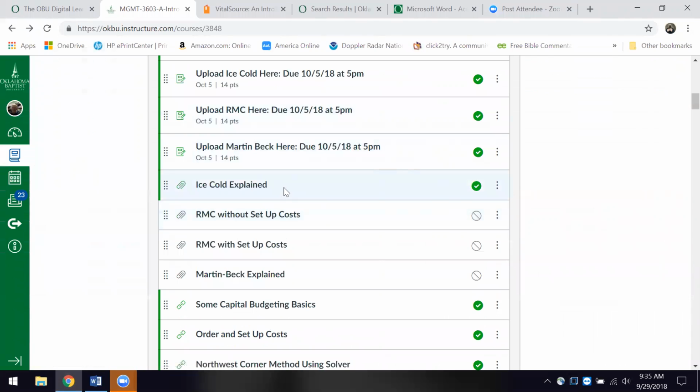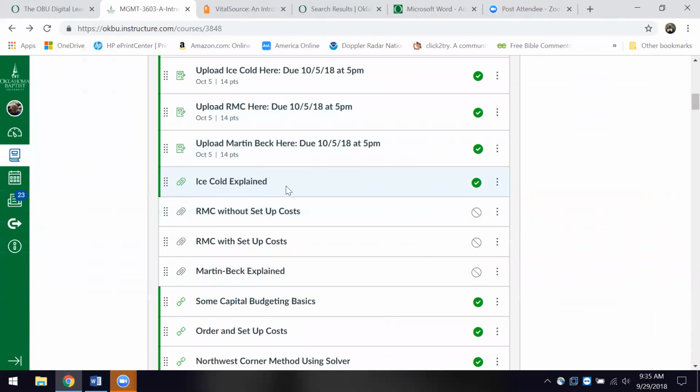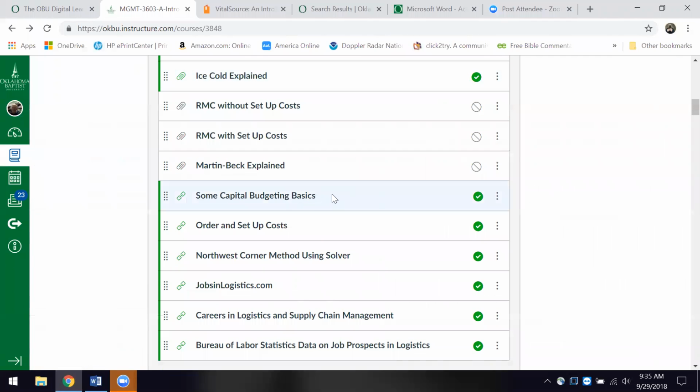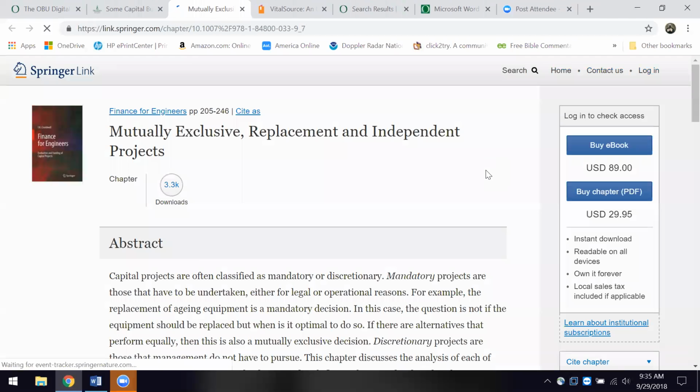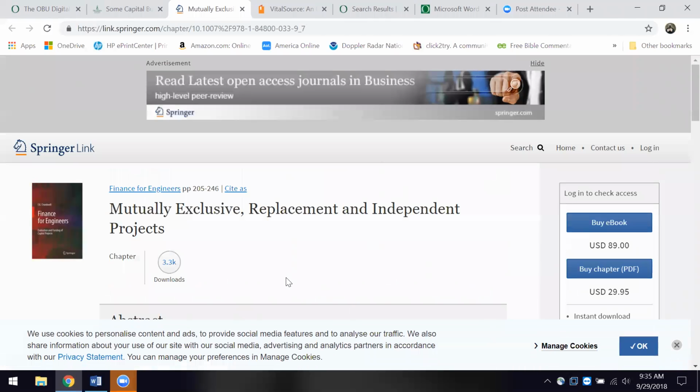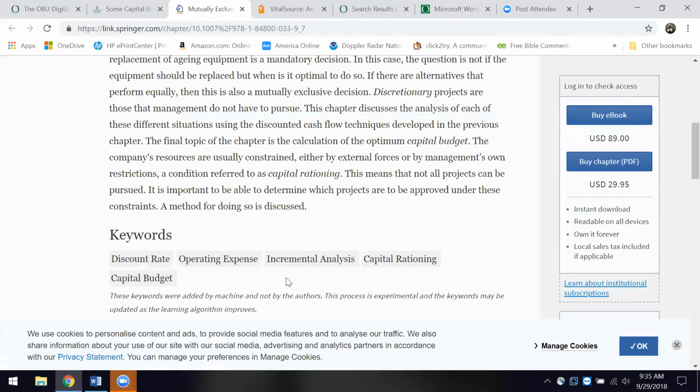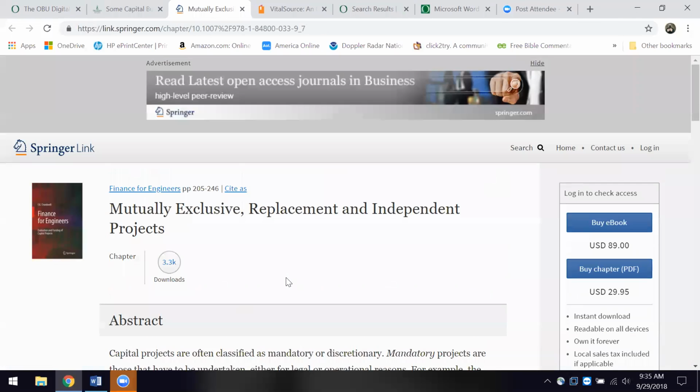Okay. Now, again, if you haven't had, you should have had your intro to finance. So you need to brush up a little bit on some capital budgeting basics. So I have that for you. It talks about mutually exclusive, replacement, and independent projects. There are so many excellent, outstanding resources out there on the web, and this is one of them.